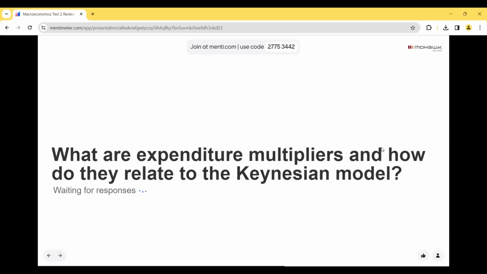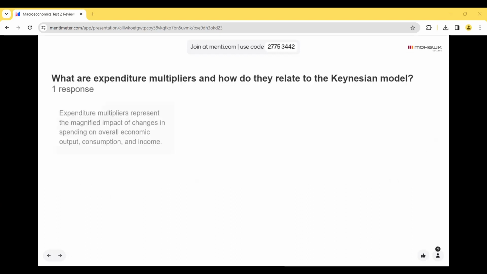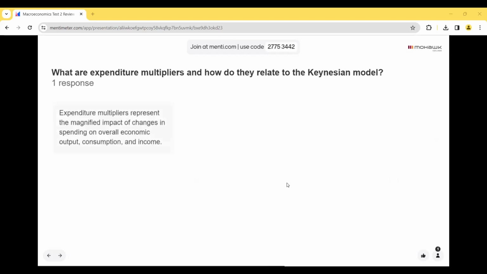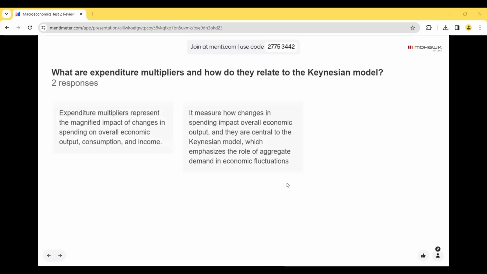What are expenditure multipliers and how do they relate to the Keynesian model? Expenditure multipliers represent the magnified impact of changes in spending on overall economic output, consumption, income.